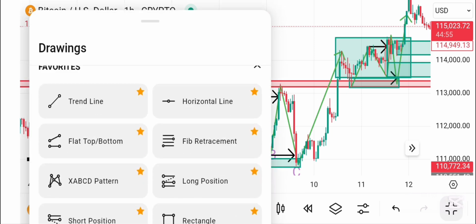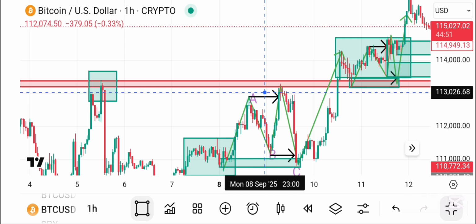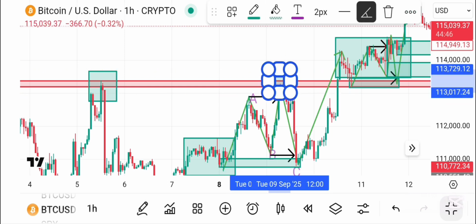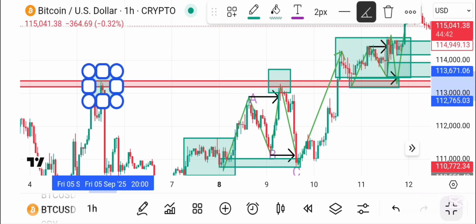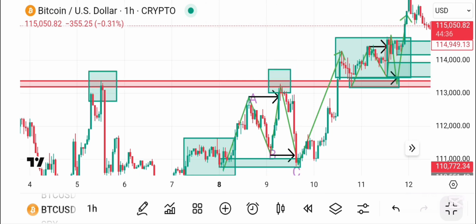The first one was this and the second one was this. So after seeing this first move, you already know this is a supply zone or a resistance area. That is the case of a supply zone.